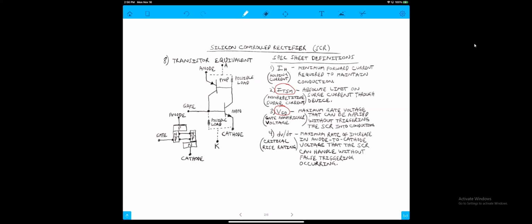Then we have our critical rise time, which is our dV divided by dt, our delta V divided by delta T. This is the maximum rate of increase in the anode to cathode voltage that the SCR can handle without false triggering occurring. And this is what we're going to do our calculations on in just a second.